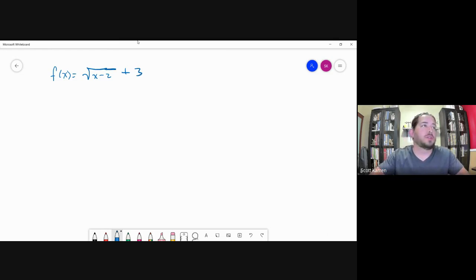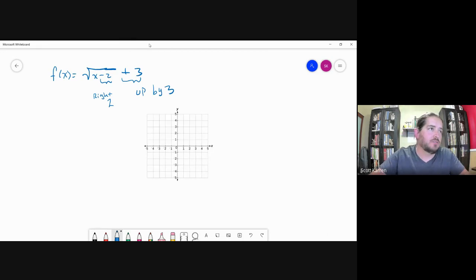It's important to note here that the plus 3 is on the outside of the function itself. So this is a shift up by 3. And inside here, this is a shift to the right by 2. So it's a square root function that I've shifted to the right by 2 and up by 3.